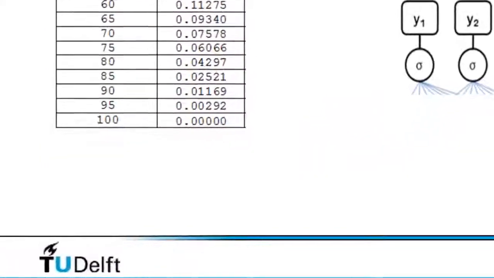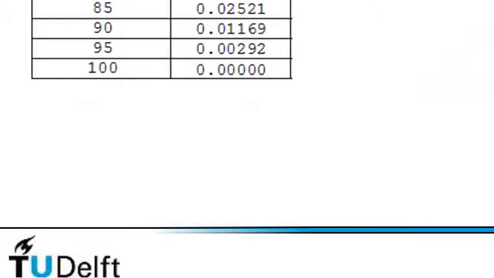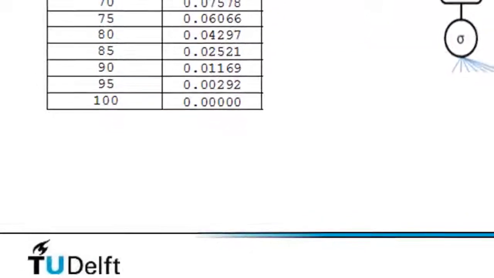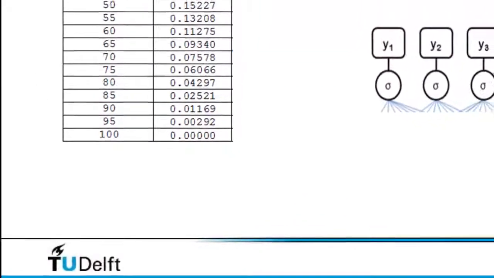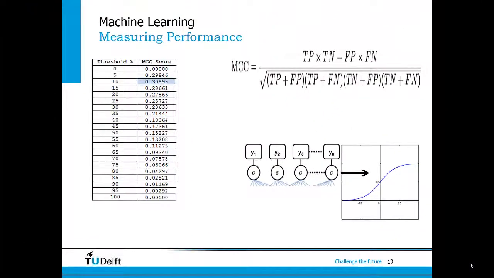So you can set this threshold fairly high, at 85%. As a practitioner, it's entirely up to you where you set this threshold, and say anything at this threshold or higher means that the neuron is telling me that this is a phase jump location. So it's up to you where you set that threshold.